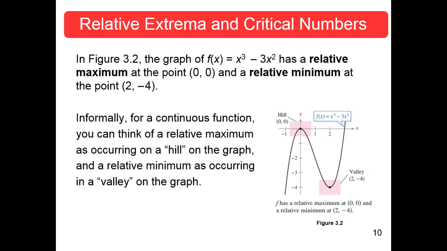Okay? Informally, for a continuous function, you can think of a relative maximum as occurring on the hill of the graph and the relative minimum occurring at the valley on the graph. Anywhere close to it, you don't exceed the hill, you don't get any less than you do in the valley. Okay? So those are your relative minimum and maximum.